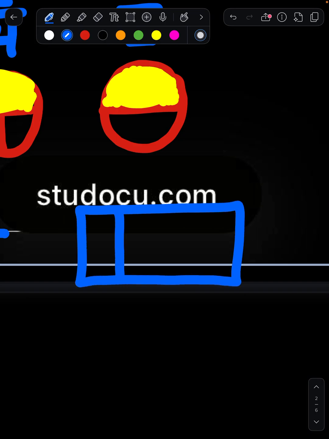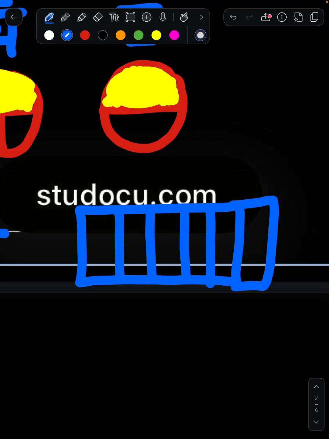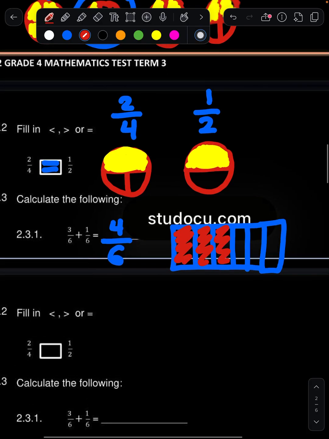Okay, so I have 1, 2, 3, 4, 5, 6. So I have 3 out of these 6. Okay, that's what they said, 3 out of 6. And we add another piece. And then we've got 4 out of the total of 6. So 4/6.